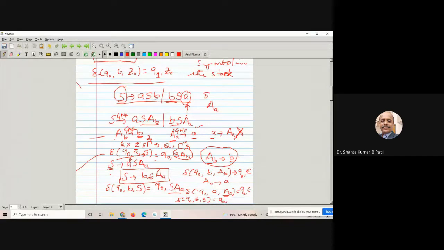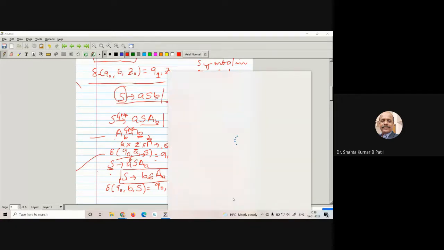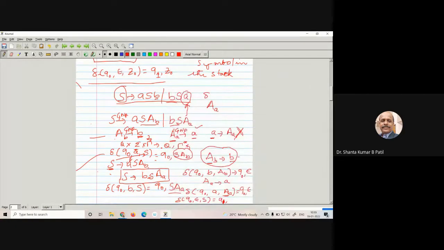So it is Q1, because both are empty. So it is equal to Q1, and finally it is a yes.